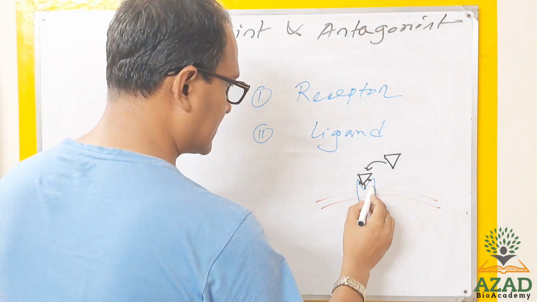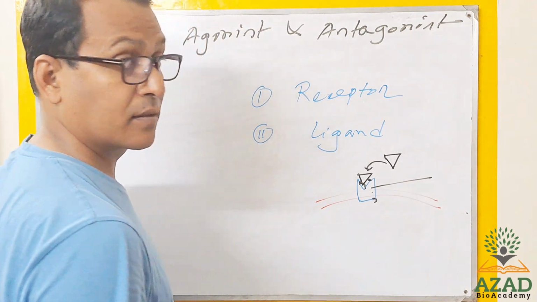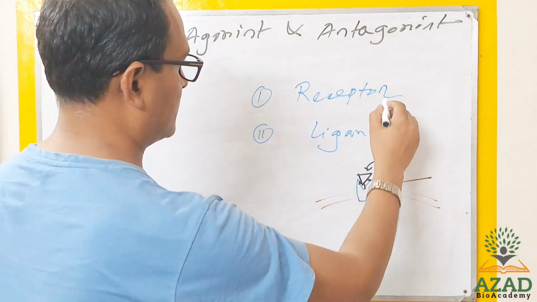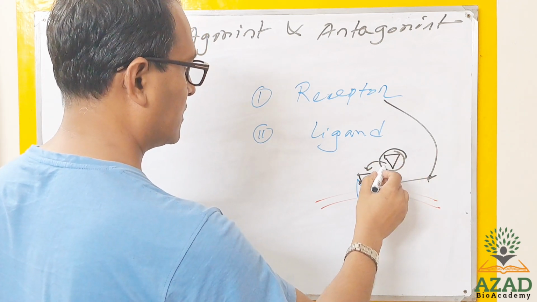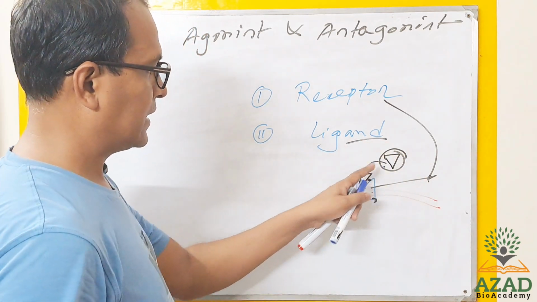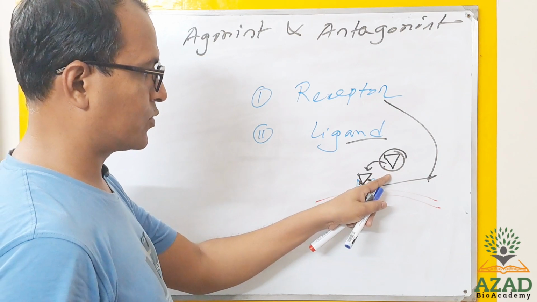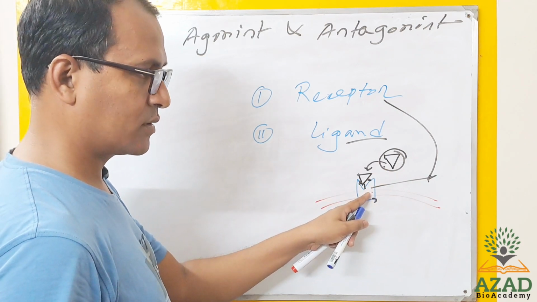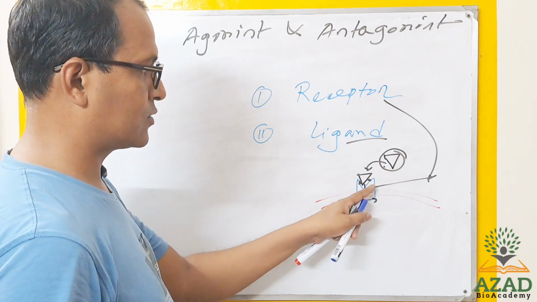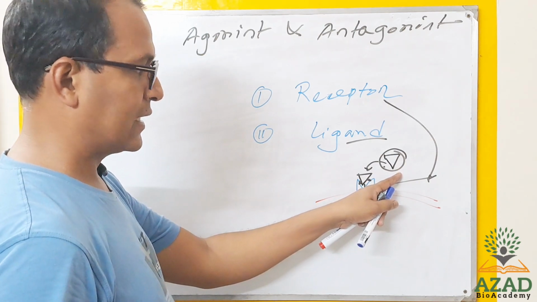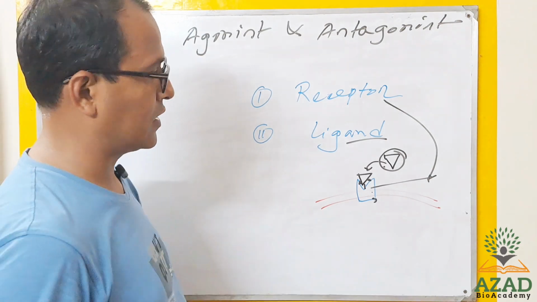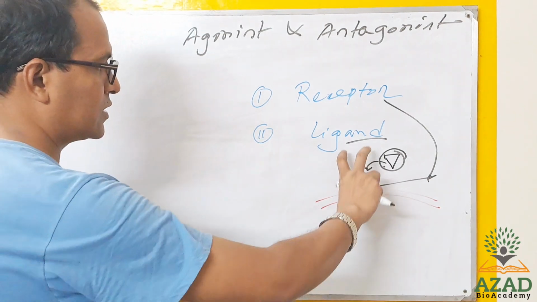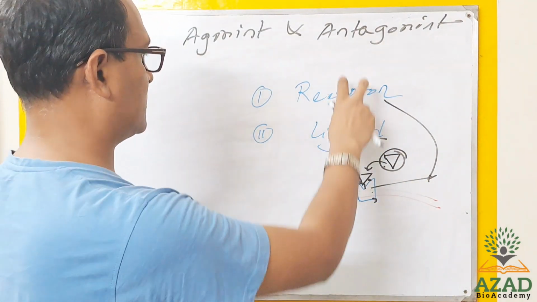So this protein is called the receptor, and that substance is called the ligand. That means ligands are the substances which will bind with the receptor, and receptors are the substances which will receive the drug, and through that reception it will give its biological response. Okay, so this is the matter of receptor and ligand.